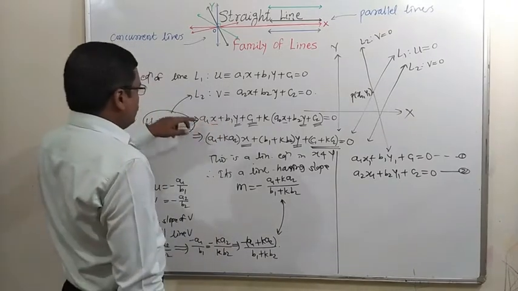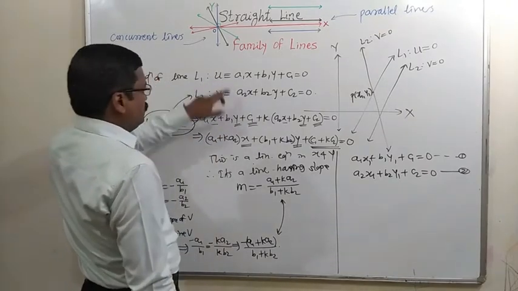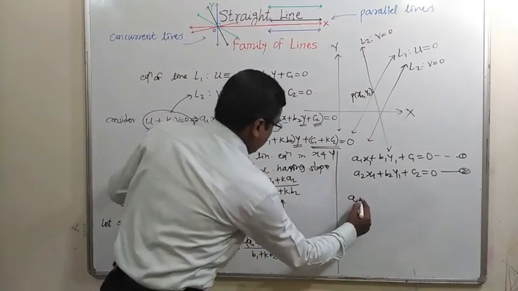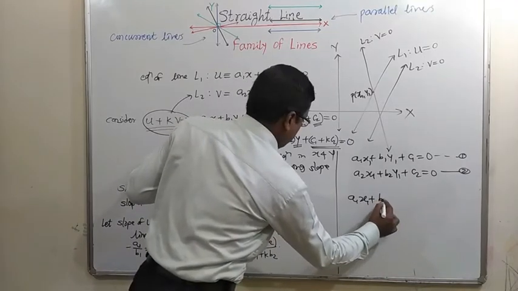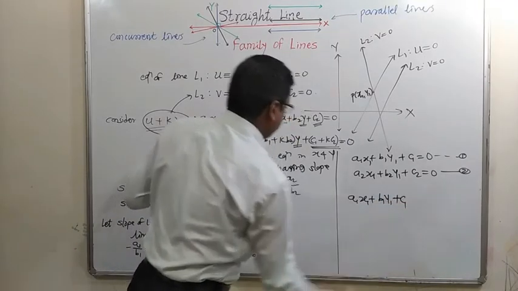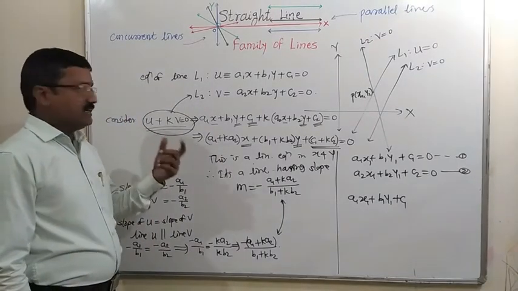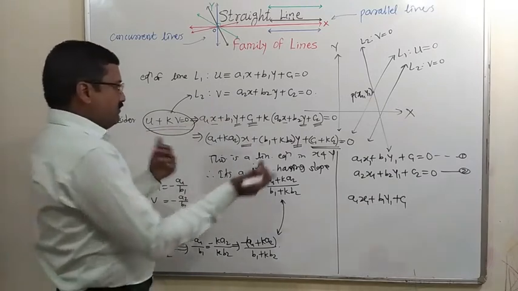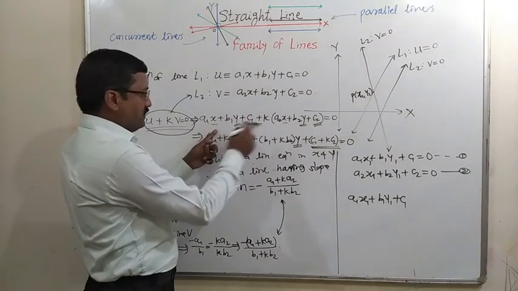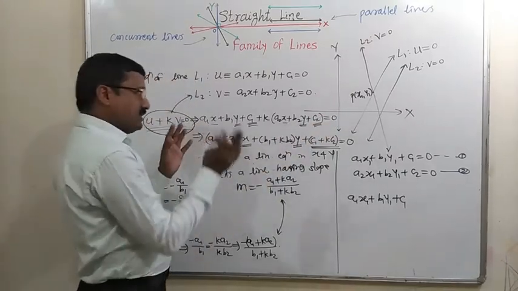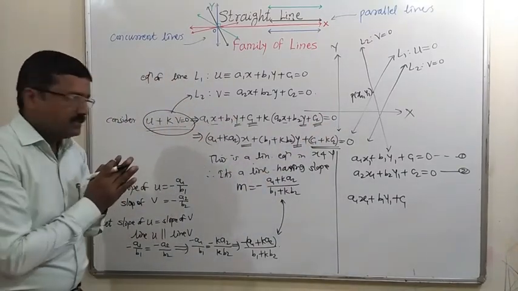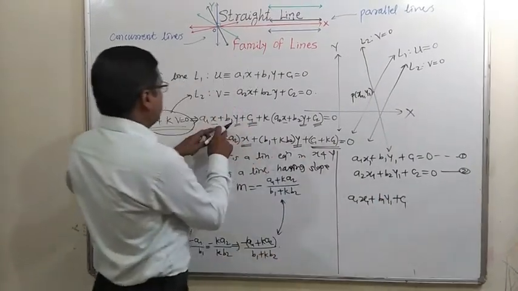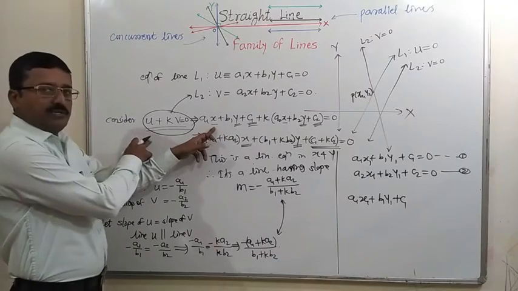Let us check whether point (x1, y1) lies on this line or not. If we put x1, y1 instead of x, y, and if we get the same answer 0, then that point will lie on this line. So let us put (x1, y1) here in this equation, which is the equation of line u plus kv.